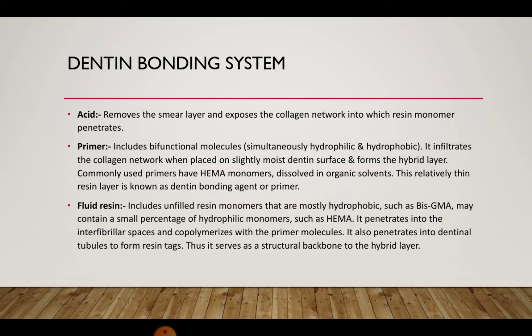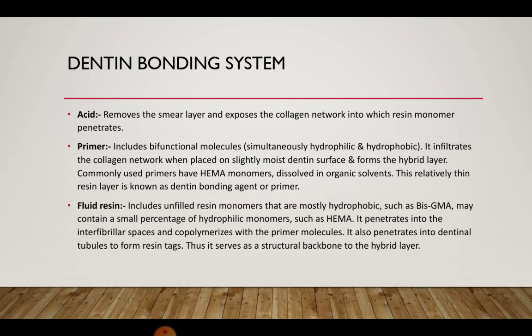What is hybrid layer? We'll discuss later. Basically, you have to understand that the resin infiltration layer that is produced after the exposure of the collagen network and infiltration of the primer inside the collagen network, the resin interdiffusion zone that is formed is known as the hybrid layer.